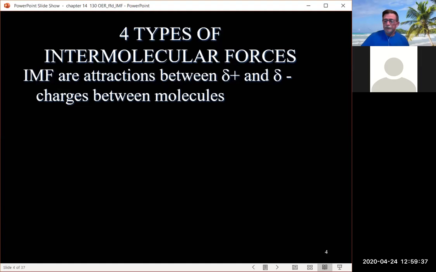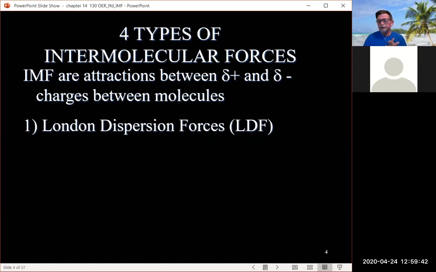So there are four types of intermolecular forces. The first type is called London dispersion forces. Now, these are real simple to point out. Any nonpolar compound, the only force they have involved is London dispersion forces. So that means all the diatomic molecules, they're nonpolar bonds. The only force they have is the London dispersion forces.